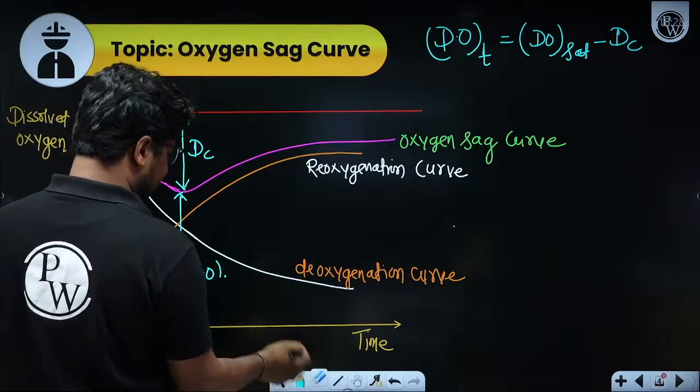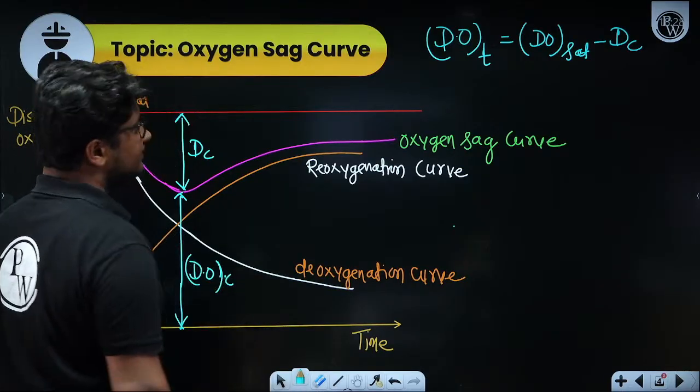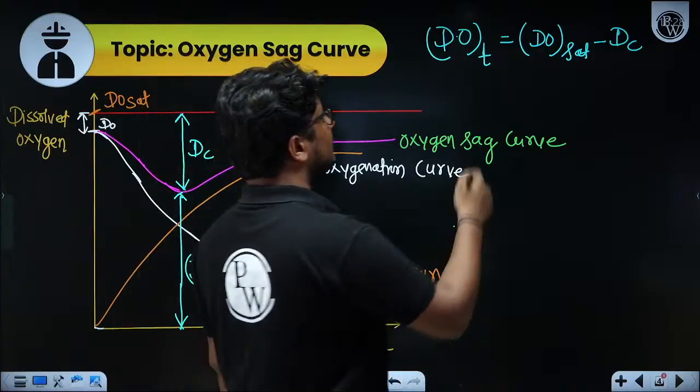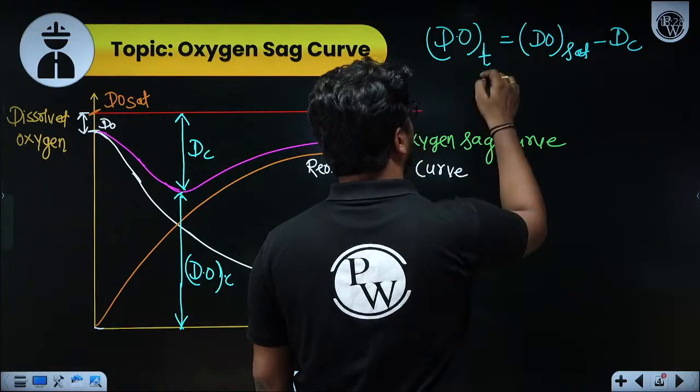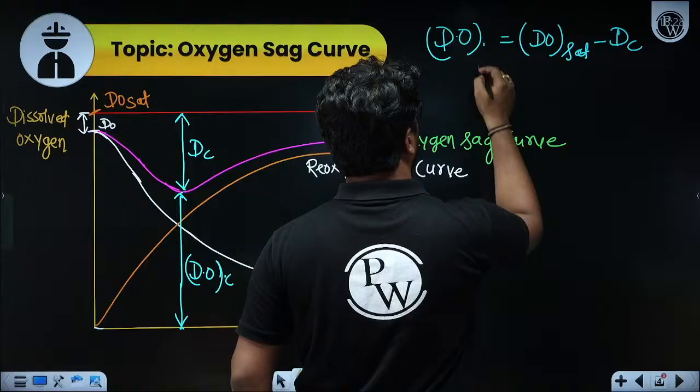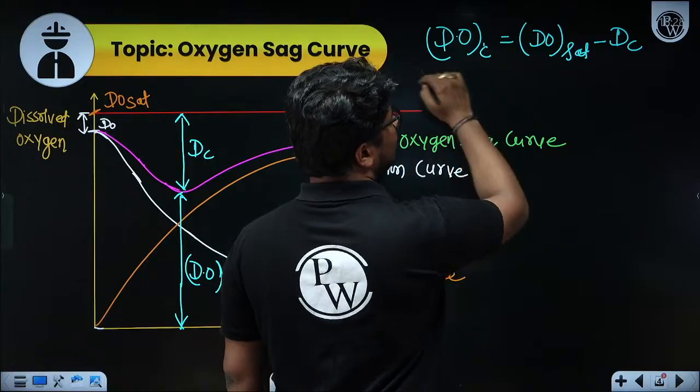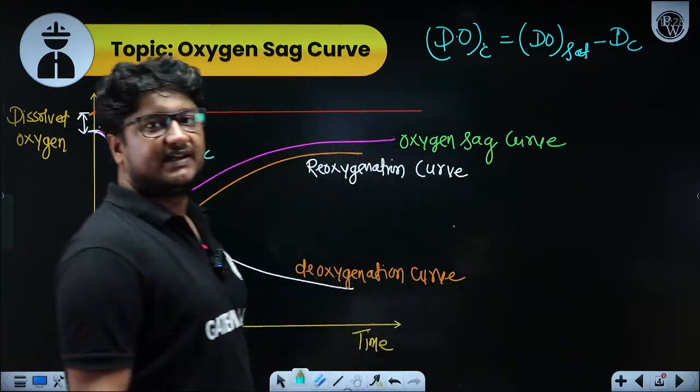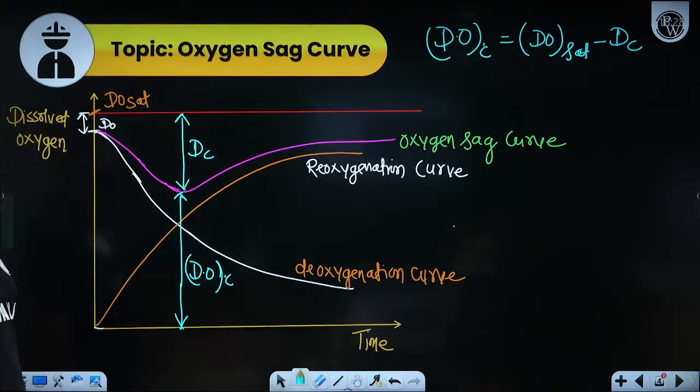I am writing this as DOC, dissolved oxygen at critical time, where DC is the critical oxygen deficit or maximum oxygen deficit.